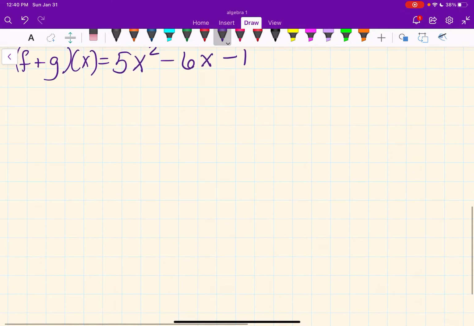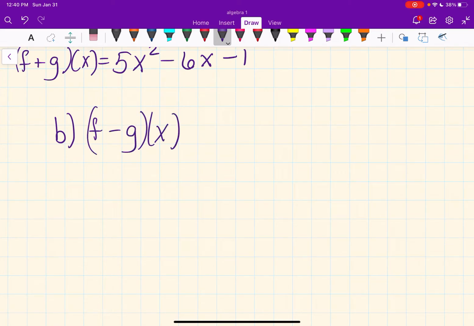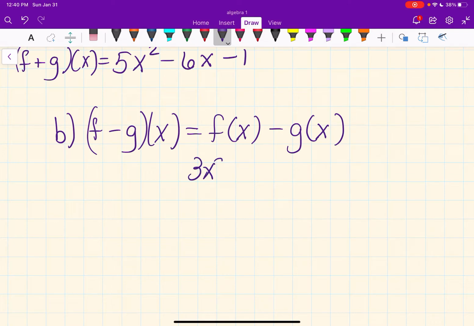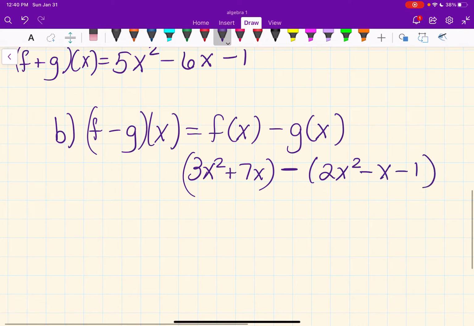Let's do part B. B says f minus g of x. Now this is the one where you need to distribute the negative first, then stack and add. So f of x minus g of x looks like this. 3x squared plus 7x. And from that, we're going to subtract 2x squared minus x minus 1. And I've actually been doing this a little bit different.